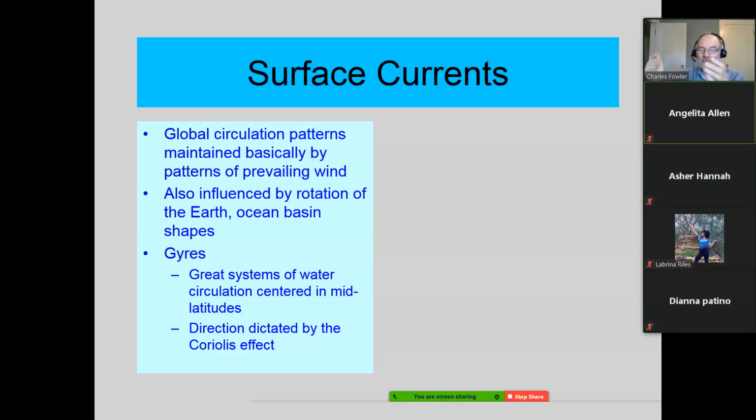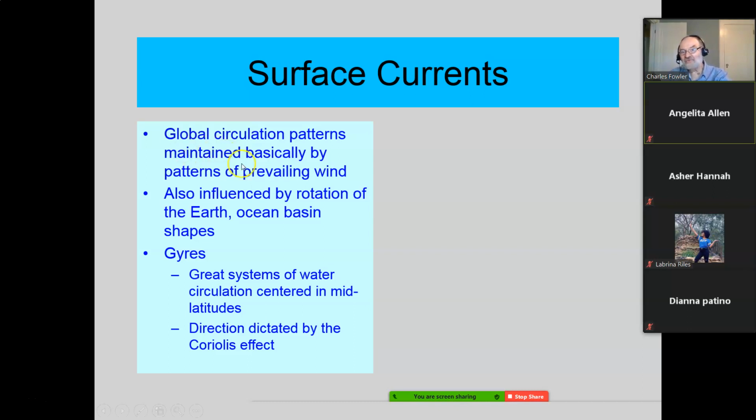So most of our winds, some winds are caused by pressure gradients, but the prevailing winds, that's what they're talking about here, are caused by the motion of the earth itself. So these surface currents, if they're not directly created by the spinning of the earth, they're indirectly, because the prevailing winds are those prevailing winds because of the motion of the earth.